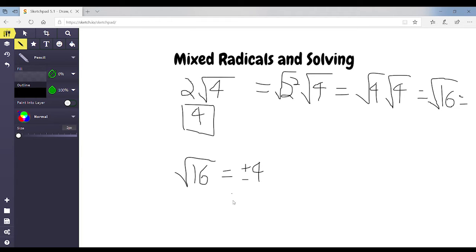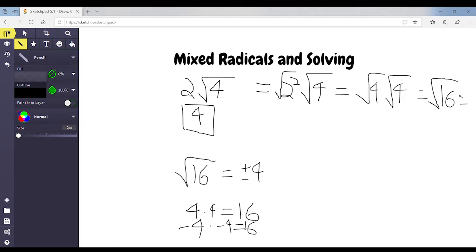That's because 4 times 4 equals 16, but negative 4 times negative 4 also equals 16, because two negatives make a positive. So we would say plus or minus 4.